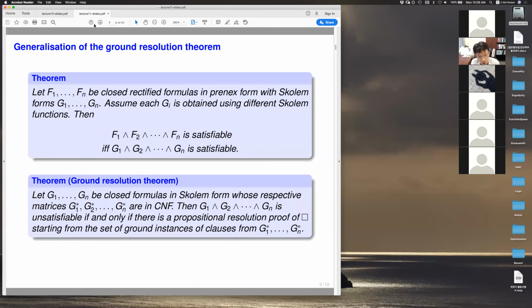And then the other version, which is also a parallel version of the ground resolution theorem, is this one.